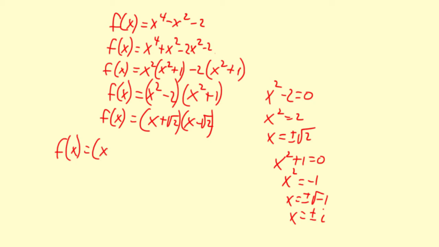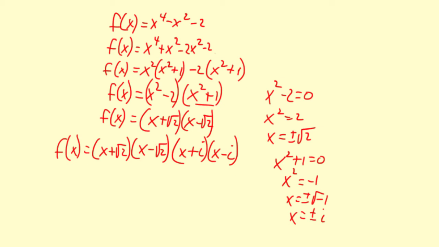Just rewrite the first part. And then it's going to be x plus i times x minus i. And if you were to multiply these out using the FOIL method, you would get the x squared plus 1. So this is factored completely over the complex numbers.